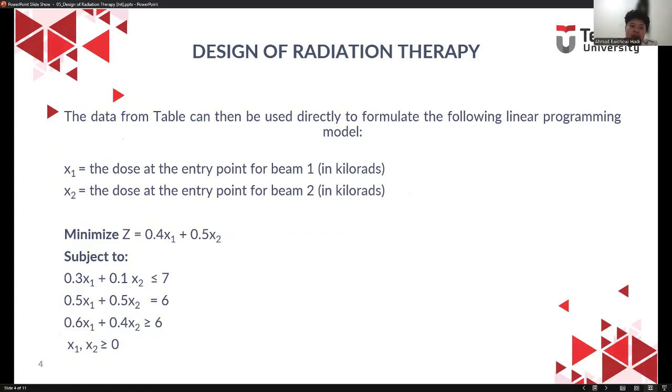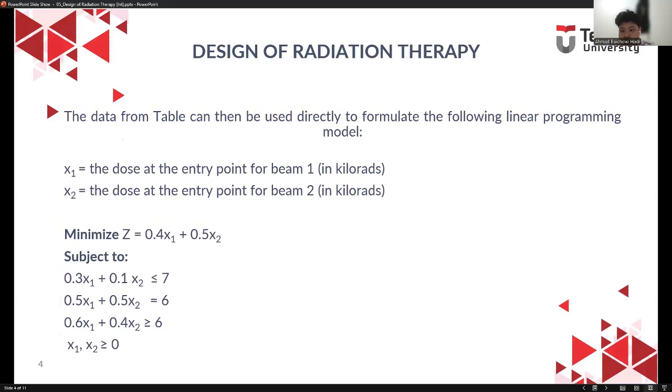Design of radiation therapy. The data from the table can be used directly to formulate the following linear programming model. Let x1 equal the dose at the entry point for beam 1 in kilorads, and x2 equal the dose at the entry point for beam 2 in kilorads.